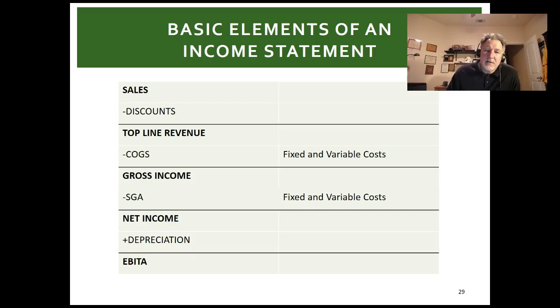Those are fixed costs that are there. And the difference between the top line and the cost of goods creates what we call gross income.